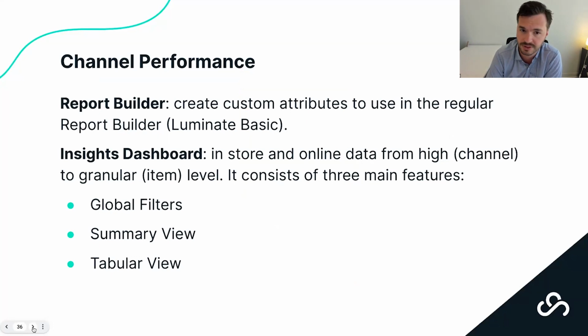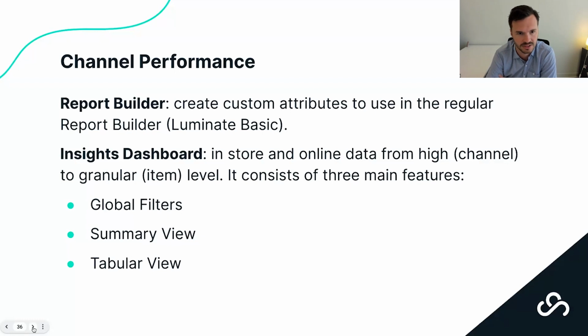So in Report Builder, you can create custom attributes, and this is one of the big pluses, right? That you can use in the regular Report Builder. So that is a big plus. The Insights dashboard has in-store and online data from a high to a granular level.